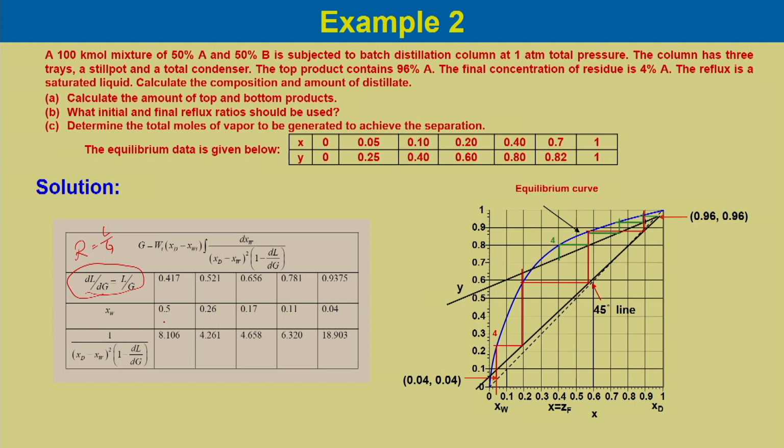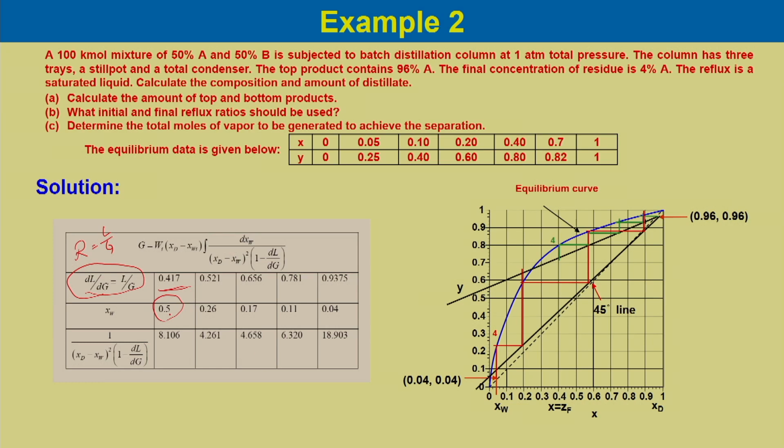You can see the initial composition is 0.5. With respect to xw 0.5, we have to get a particular operating line having the reflux ratio L by G of 0.417. So, with respect to 0.417, you will get xw as 0.5.